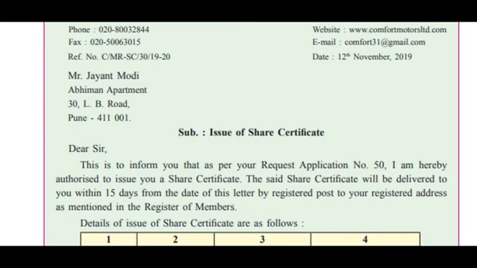The share certificate should be delivered within 15 days from the date of this letter, which secretary is sending by registered post, to the registered address as mentioned in the register of members. We know the company maintains a register of members. In that register, all particular details about the members are there. The registered address of member is also there. So on that address, secretary is supposed to send this share certificate.